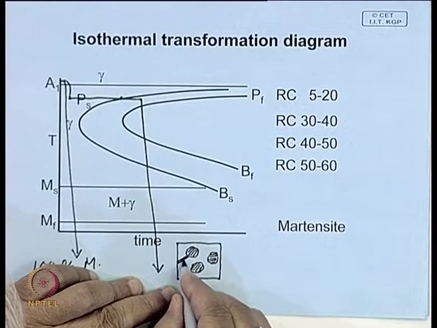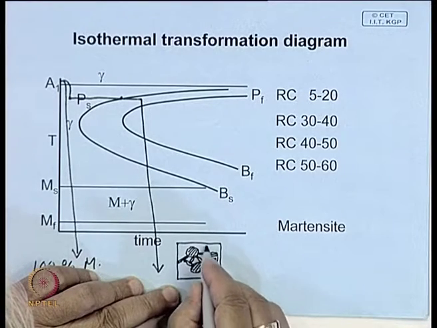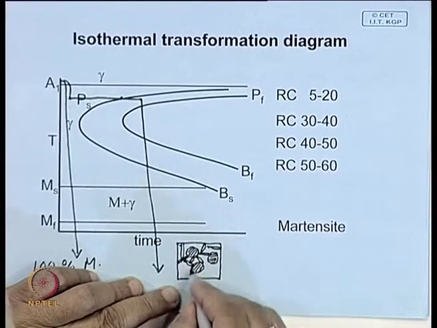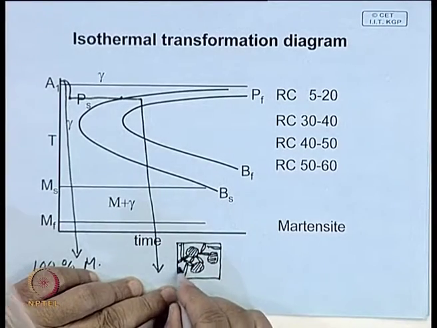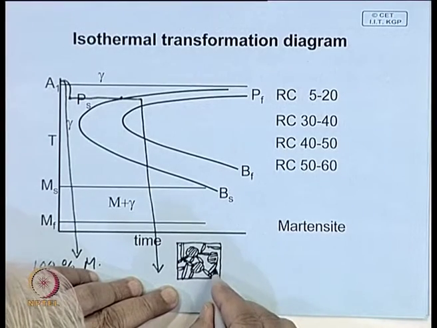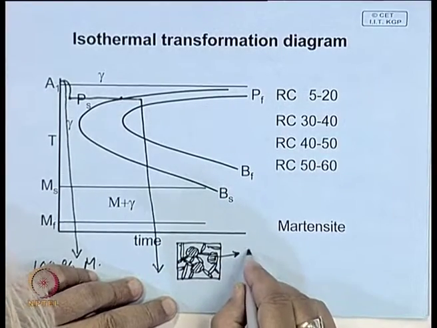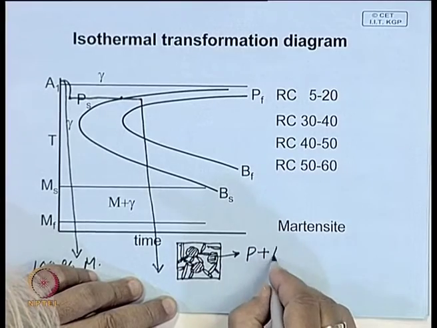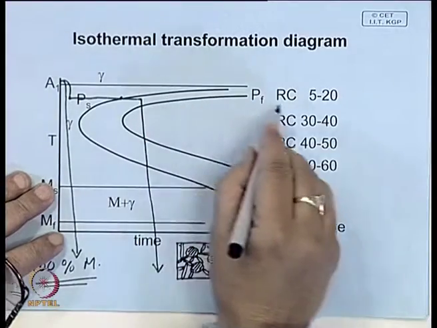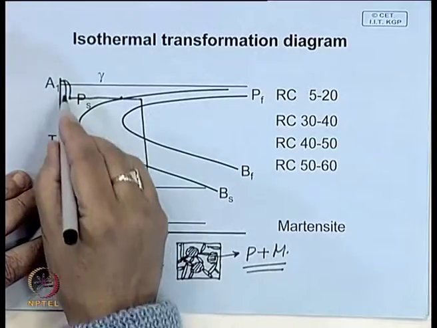You will have this type of needle like structure. So, this is martensite. So, what structure you have in between is a pearlite plus martensite structure, and depending on the temperature, it can be coarse pearlite or fine pearlite.